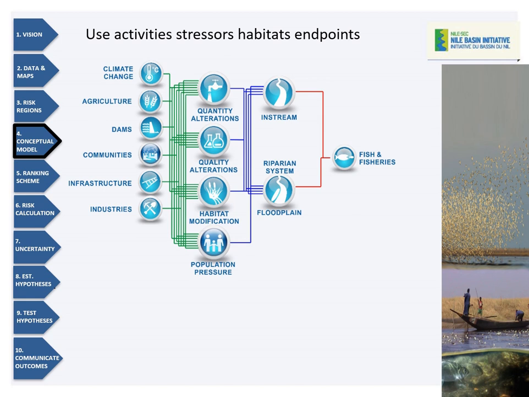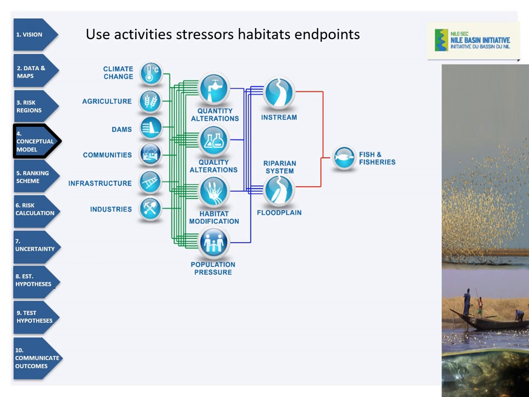Once we have these master conceptual models, we would unpack them, and this would guide us and give us information throughout the study area, looking at different risk regions as we progress down the catchment, what the potential relationship would be for there to be risk associated with climate change, agriculture, dam, human community developments, infrastructure developments, and industries, and how those would translate into water quantity, flow, habitat modification, and population pressure stresses, and determinants of the socio-ecological system that this system would be responding to on a holistic scale.